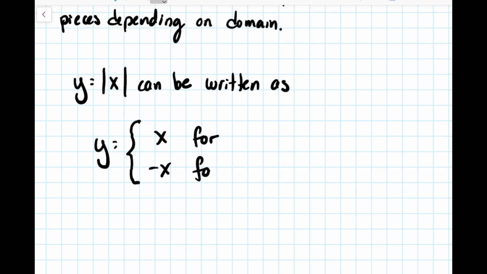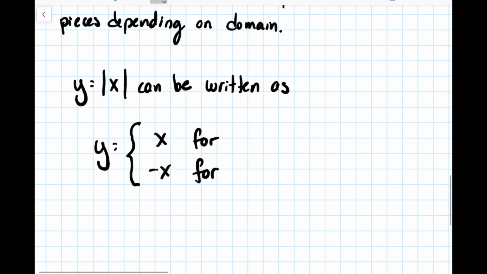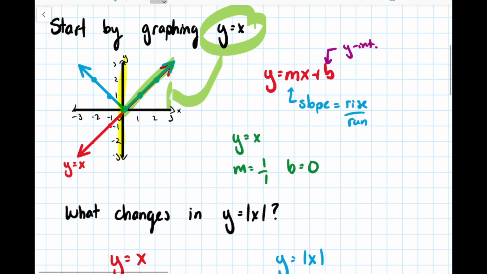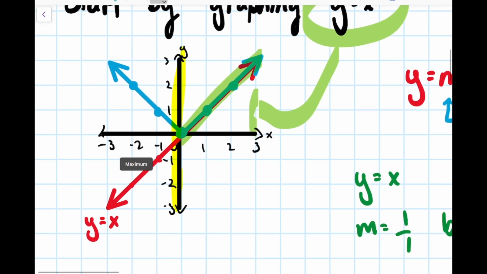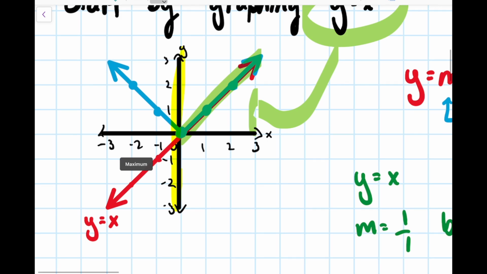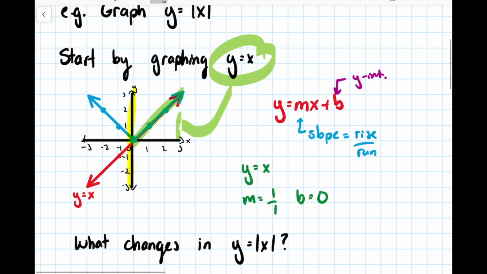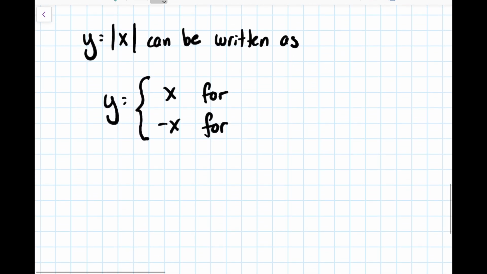So the top part, positive x, is when we're on the right of the y-axis. The second part, negative x, is when we're on the left of the y-axis. And so the dividing x value there is just 0. So it's y equals x when we have x values that are greater than or equal to 0, right? Positive x values. And it's negative x when it's not that, when it's less than 0. And so this is a piecewise function. So we're going to want to write these for our absolute value functions after we graph them.